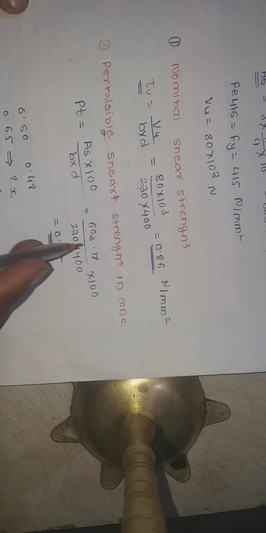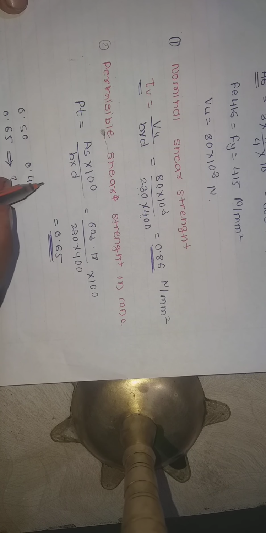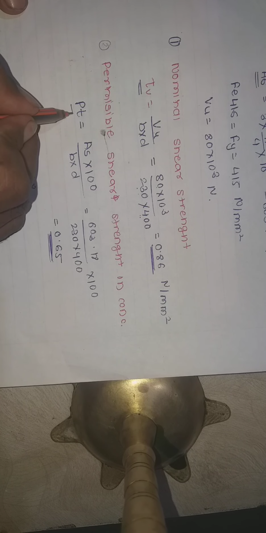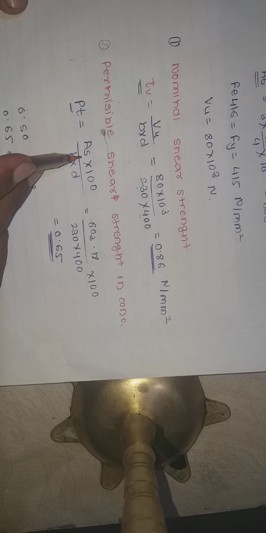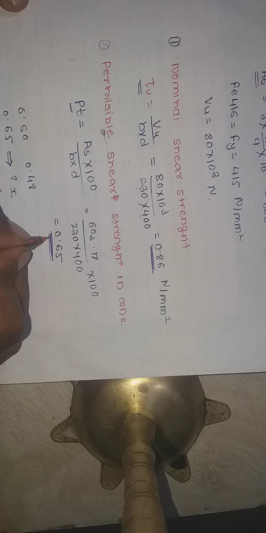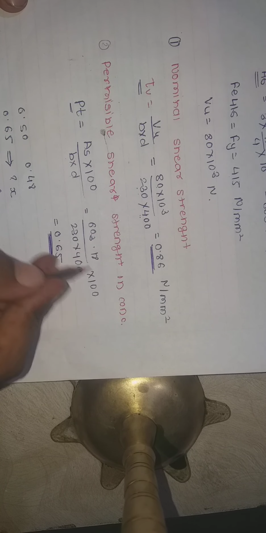Next, the permissible shear strength of the concrete depends basically on pt, the percentage of steel in tension, or percentage of steel in the concrete. pt is the area of the steel into 100 divided by b, the width of the beam, and d, the depth of the beam. Solving this, we got the value 0.65.